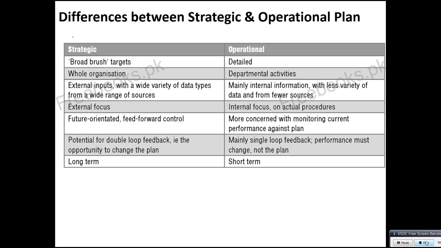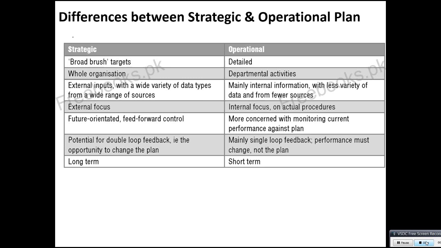Then feed-forward controls, to make sure that controls are okay or not. There is a long-term focus, and the potential for double loop feedback, to see what the weaknesses are. So these are all the responsibilities in strategy.